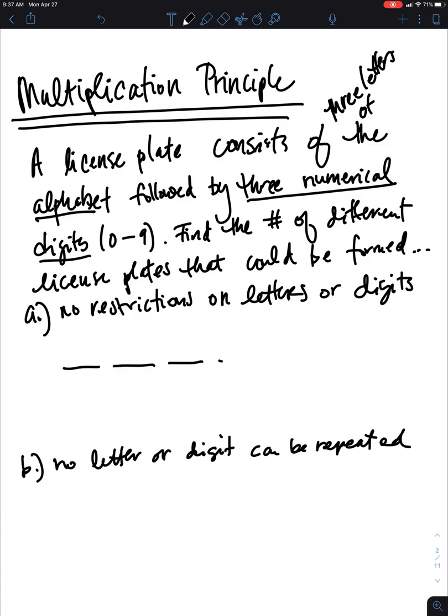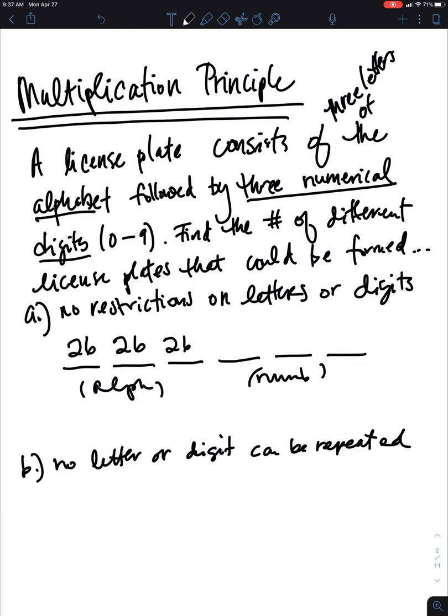That's our alphabet. 1, 2, 3. That's our numbers. We fill in the first blank and we would do 26. Second blank, 26, and then 26, since there are 26 letters of the alphabet. This is our alphabet and this is our numbers. There was 0 to 9.